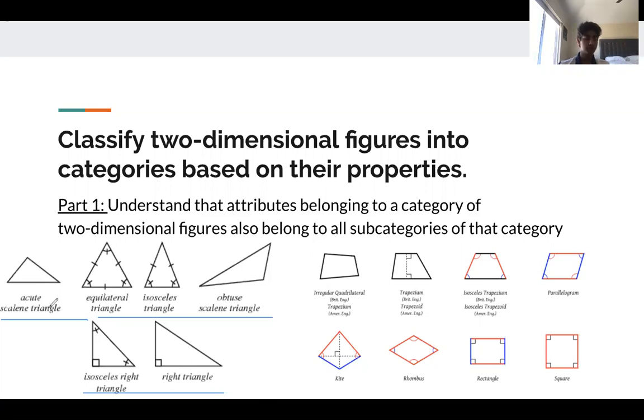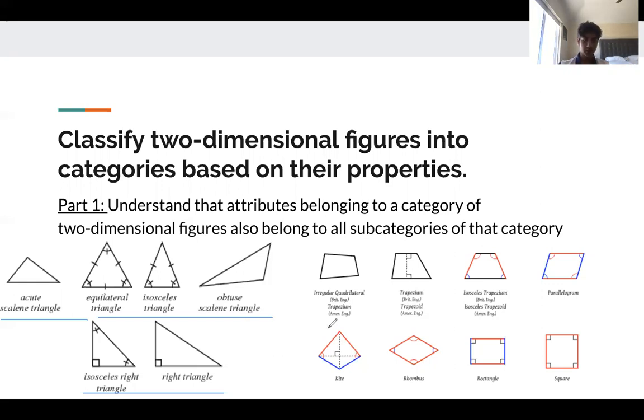So, for example, this acute scalene triangle is going to be different than this equilateral triangle or this isosceles triangle. And it's not important that you know what each of these triangles are yet. We'll get into that when we go over 6th grade stuff, but just understand that although all of these 6 things might belong to this big category called triangles, there are different types of triangles in each subcategory.